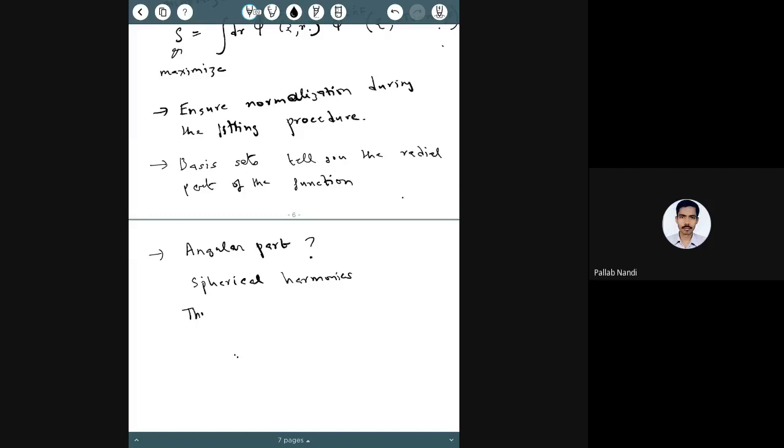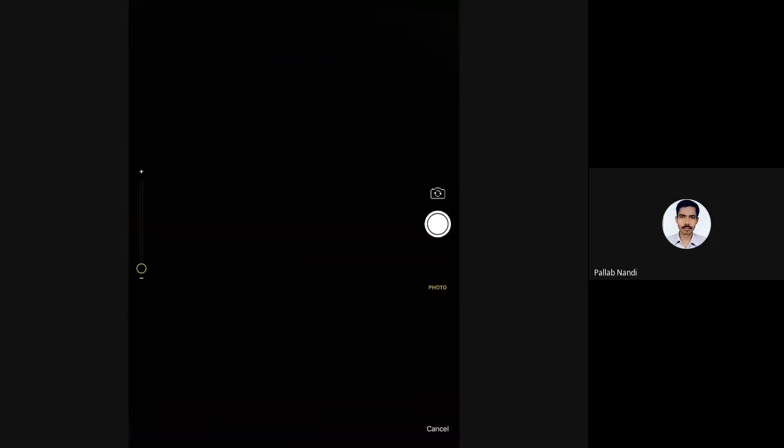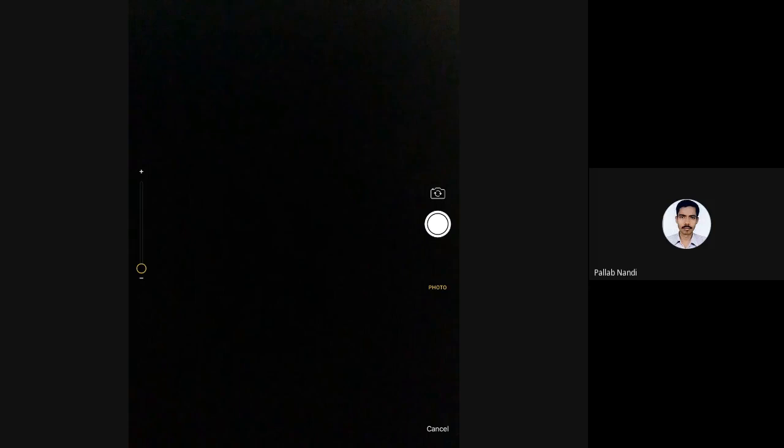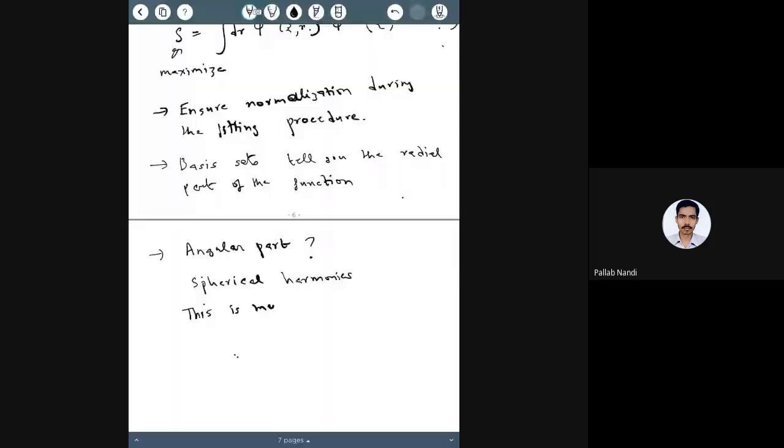So this is multiplied in addition. The whole numeric procedure acts on the radial part, also because the integrals are only dependent upon the radial part in a way.